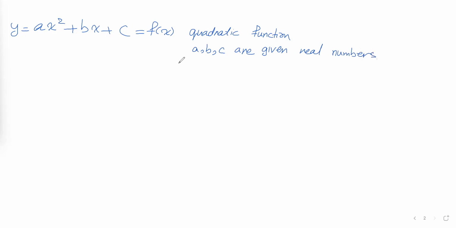And of course, I'm assuming a is not 0, because if a is 0, then you do not get a quadratic function. You just get a linear function. I want to look at quadratic functions, so the coefficient of x squared, I'm assuming, is not 0. Okay, knowing this, let's go and see some examples.